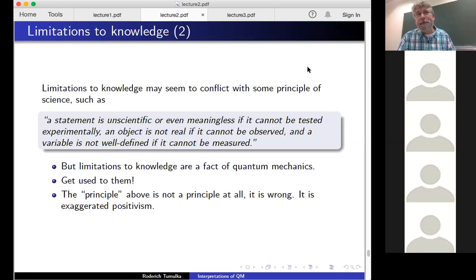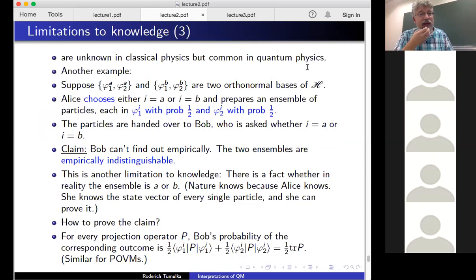Now maybe a certain dose of positivism is healthy, but this is exaggerated positivism, and this is something that is not true in quantum mechanics. Limitations to knowledge are unknown in classical physics, but common in quantum physics.